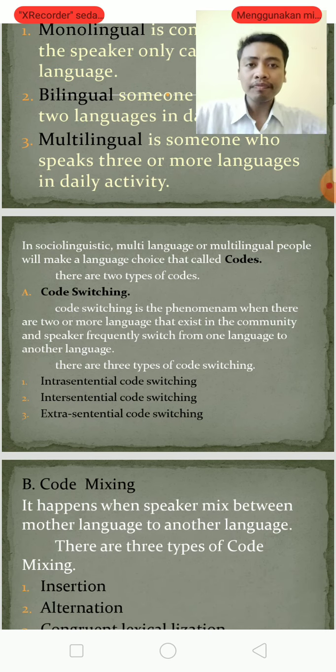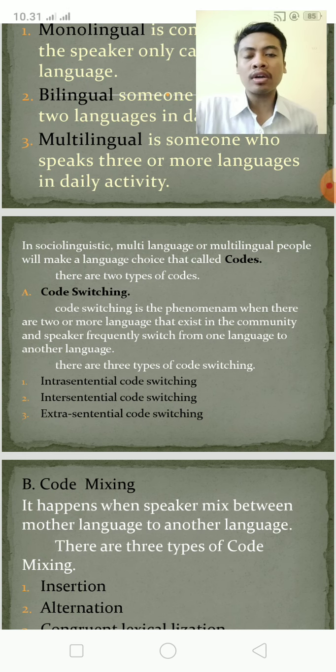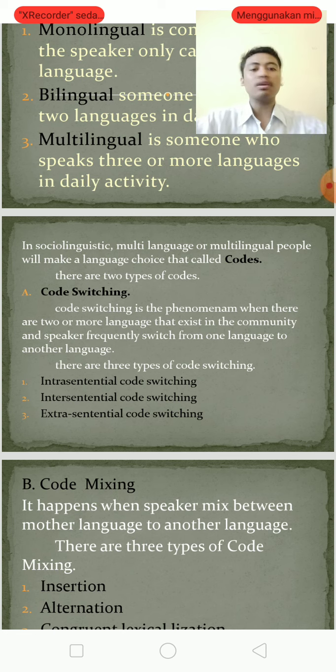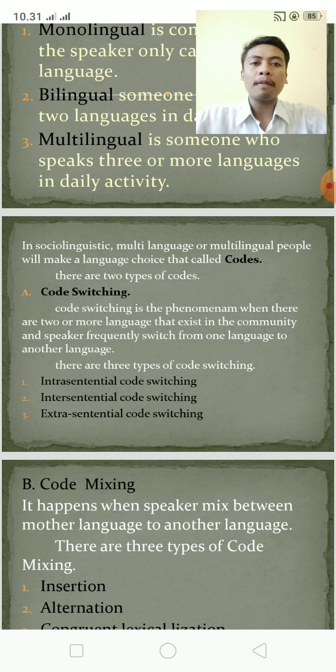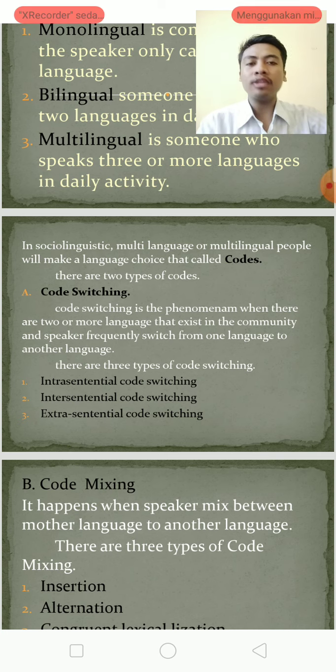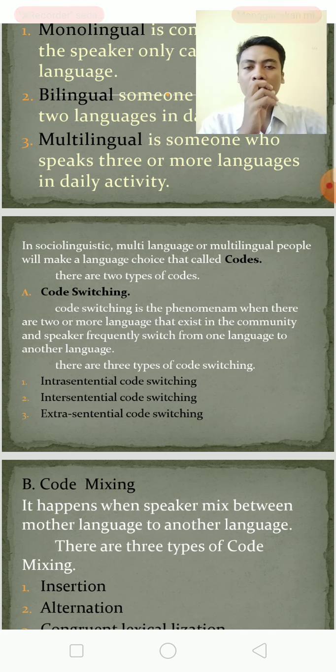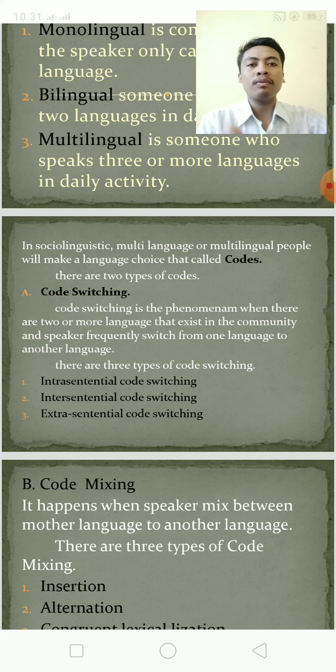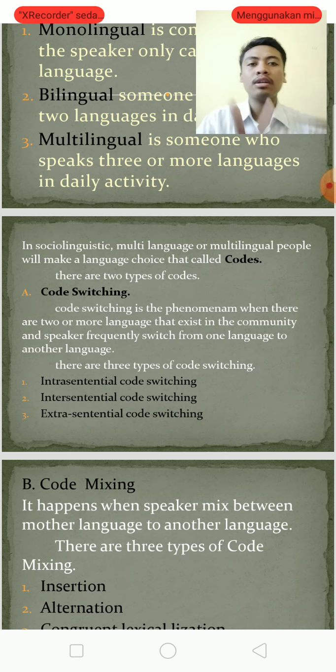The last type of code switching is extrasentential code switching. What does it mean? Extrasentential is a type of code switching that happens in tags or in interjections. There are two languages here. It can be Indonesian or English, Japanese or Malaysian, and so on.